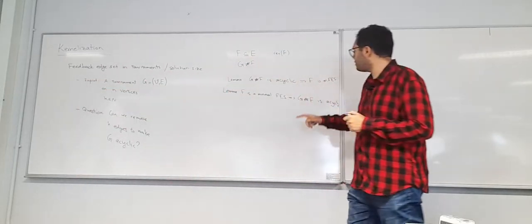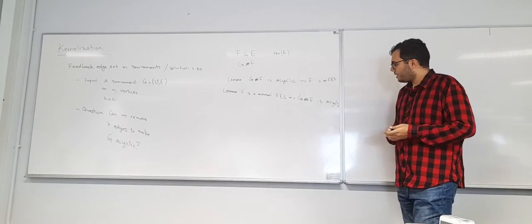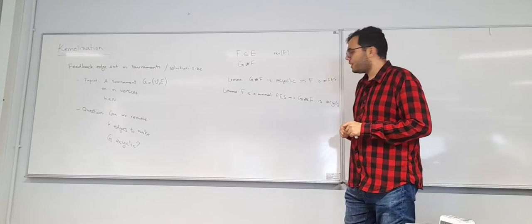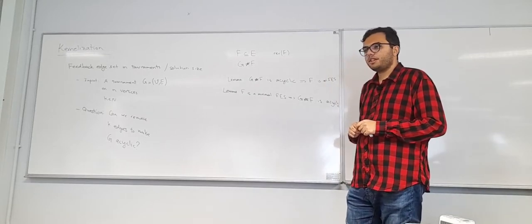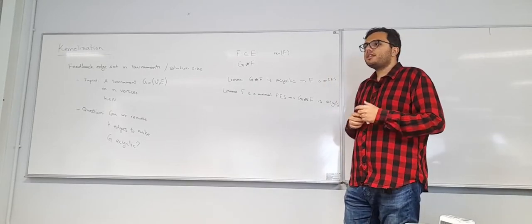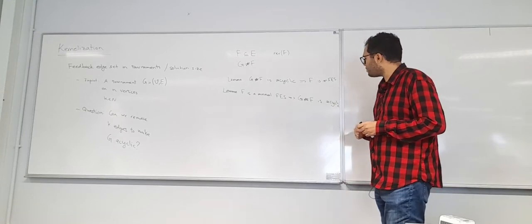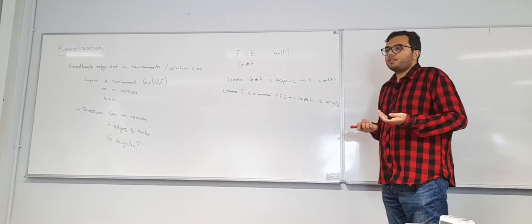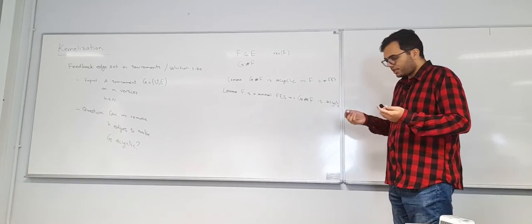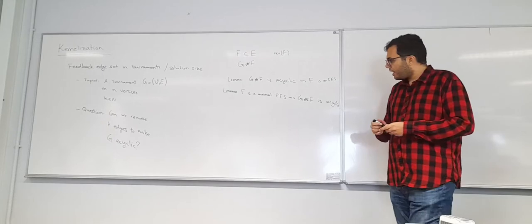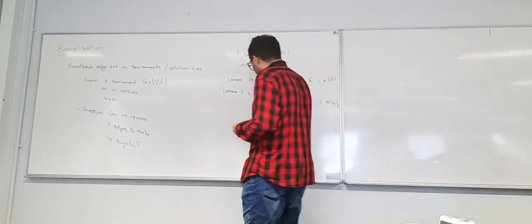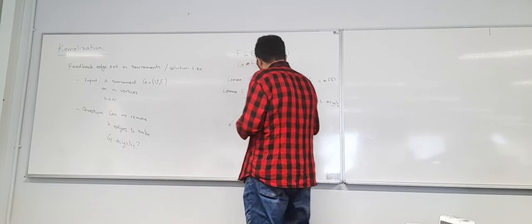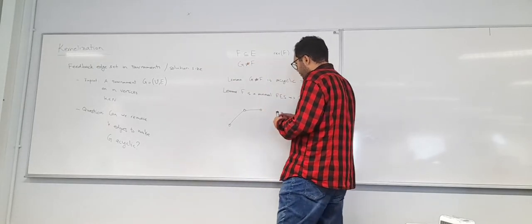So how do you prove this lemma? So let's say that F is a minimal feedback edge set, okay? And to get a contradiction, let's just assume that after reversing the edges in F, we still have a cycle. So let's just take that cycle. And how does that cycle look like? So I have a cycle. And I'm going to put the edges in F with a different color.